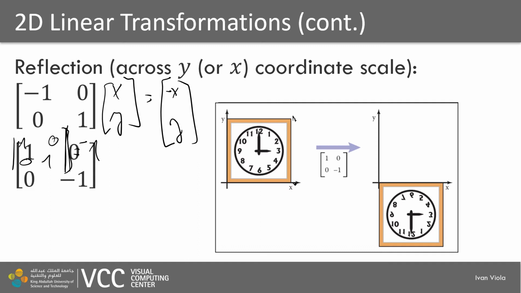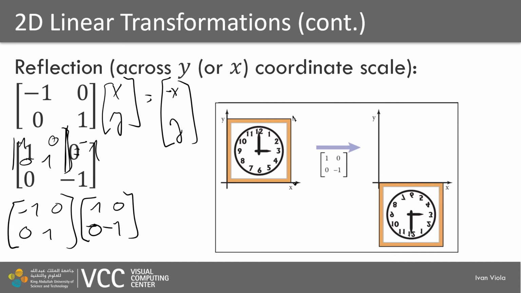There could be several reflections. For example, if we have a reflection of x and y after each other, what will that be? Let's try to multiply -1, 0, 0, 1, and 1, 0, 0, -1. What is the result of such a matrix?